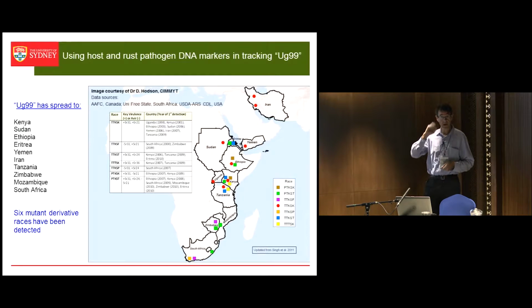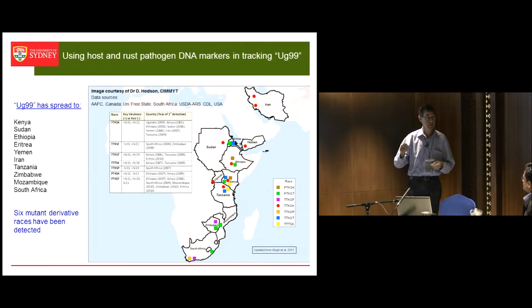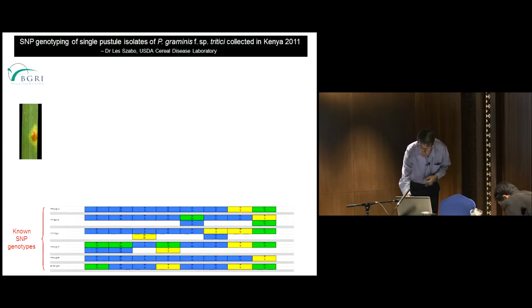But anyway, there are variants within UG99, and we believe they're single-step mutants. Les has now developed SNP markers that allow him to discriminate within the UG99 lineage, not with 100% confidence, but with quite a high degree of confidence, maybe 90% plus, to say on the basis of a SNP genotype, it's this pathotype. And that's pretty amazing.